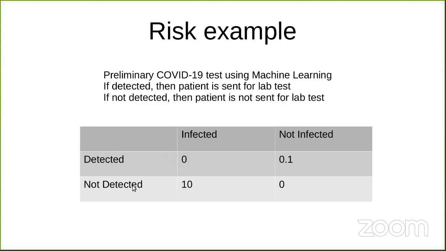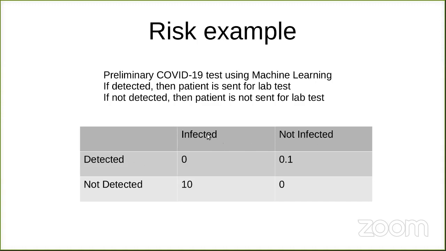And this would be the risk matrix for this case. Here on the left-hand side, the detected and not detected, these are our alpha terms. So these are our actions. Your machine learning model can either detect or it cannot detect, and these are the actual categories, the omega variables. So these are your alphas and these are your omegas.